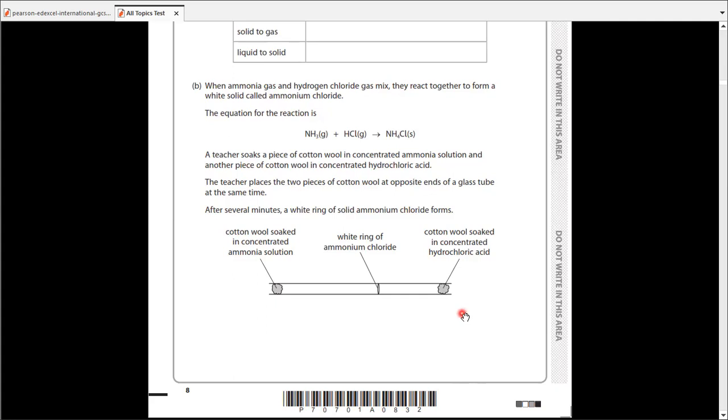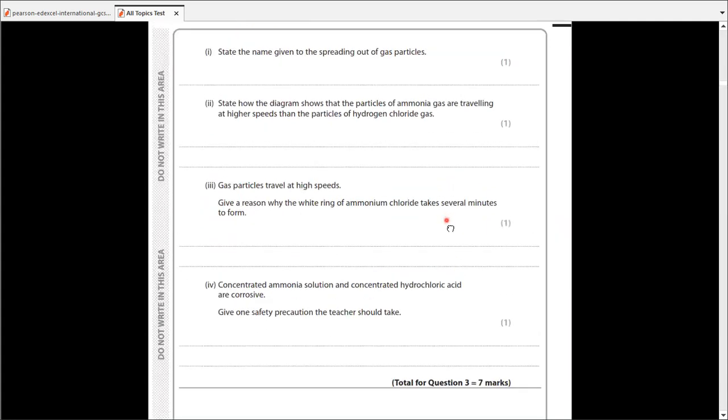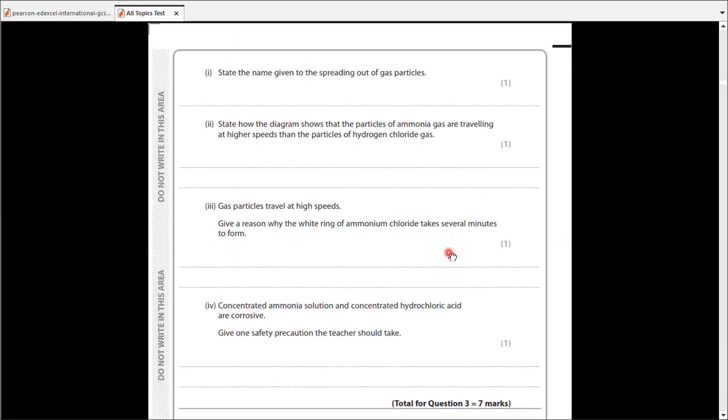And the question is, state the name given to the spreading out of gas particles. Spreading out is diffusion. Right.